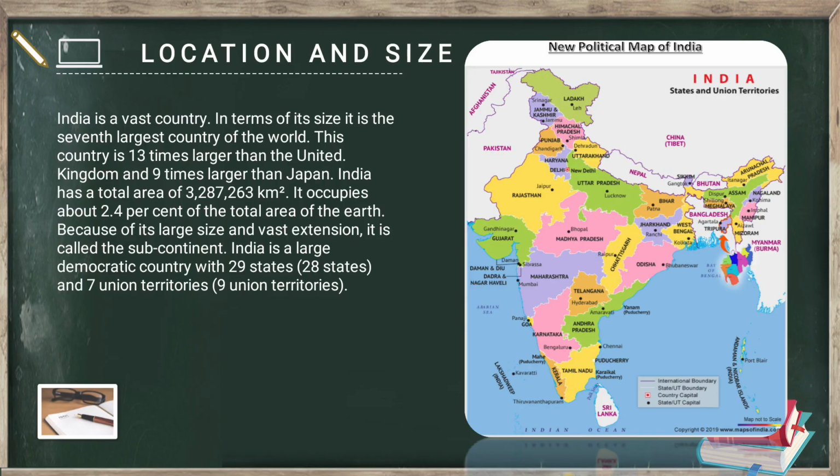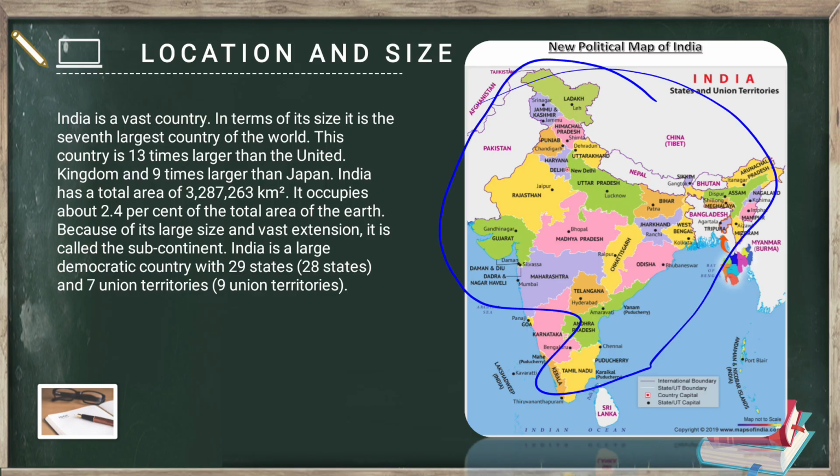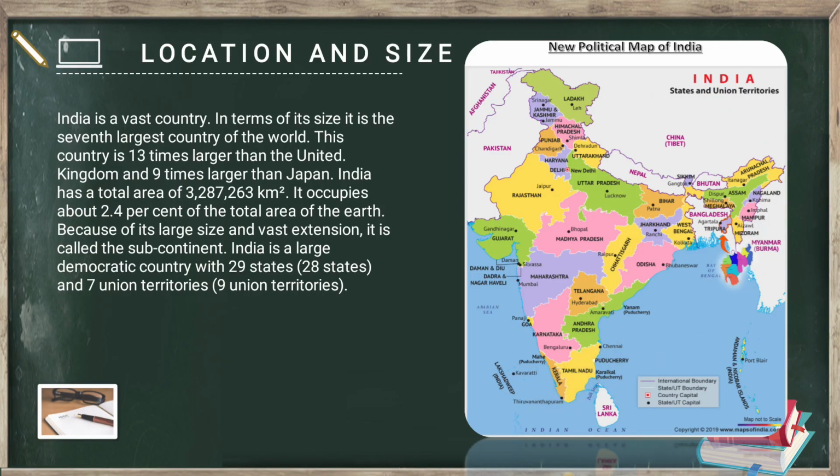So we come to know that India is a vast country. Most of the states of our country are similar in size to countries in Europe. Uttar Pradesh, Madhya Pradesh, Rajasthan are bigger than some of the countries of Europe.